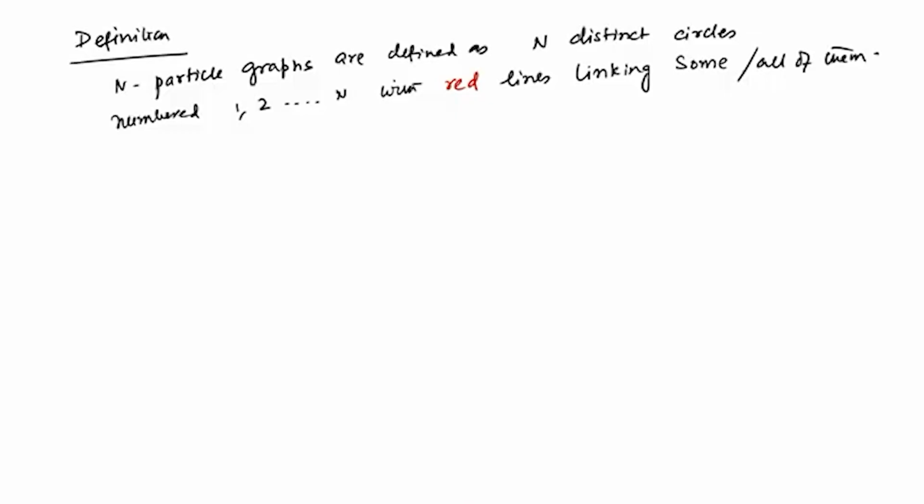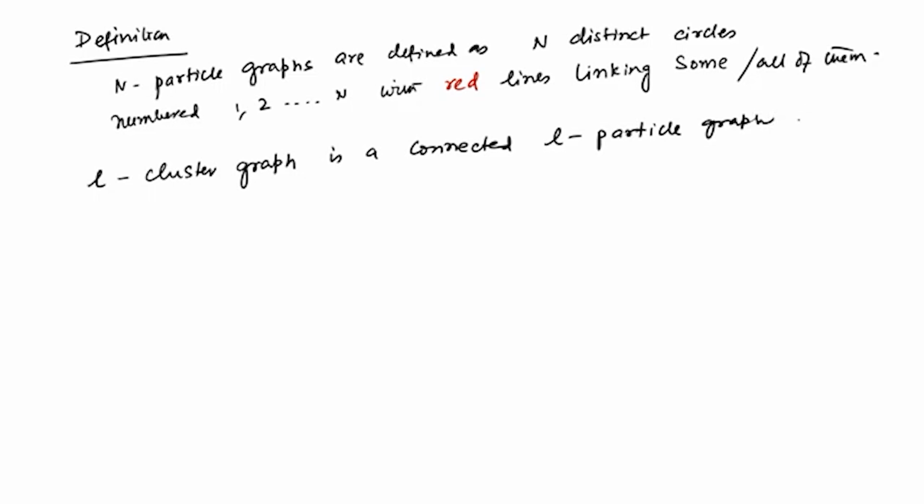So, let us just talk about an L cluster graph. An L cluster graph, comprising L sites, is a connected L particle graph for which the integral cannot be factorized.